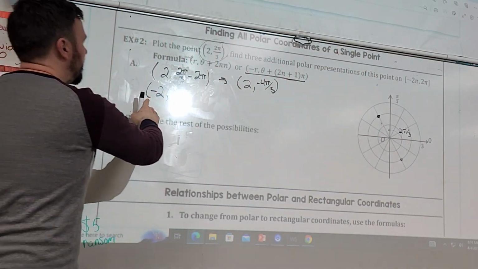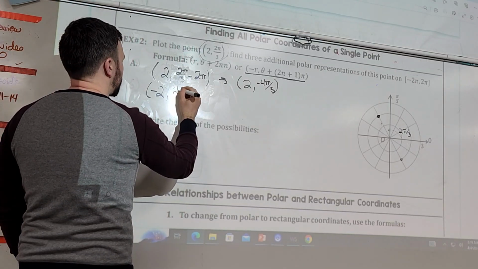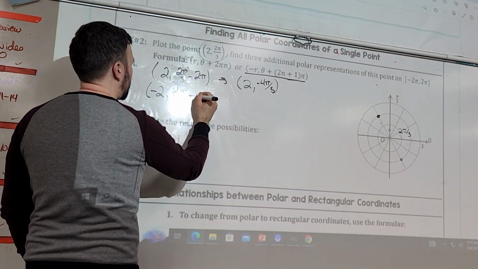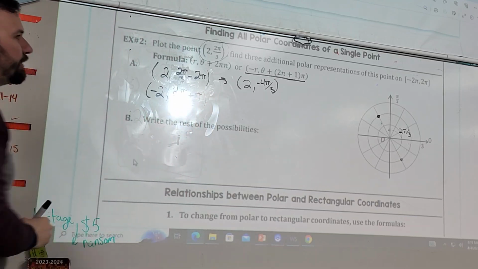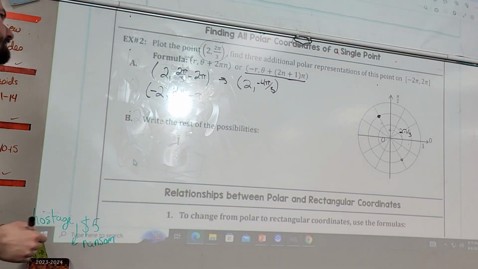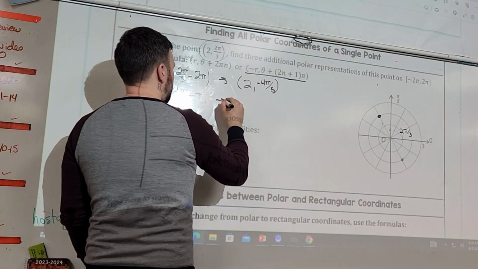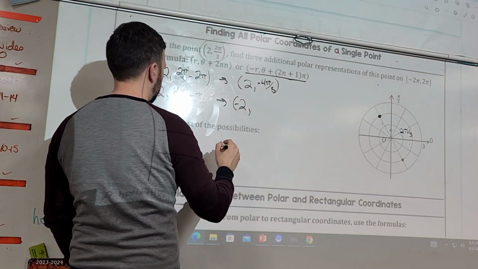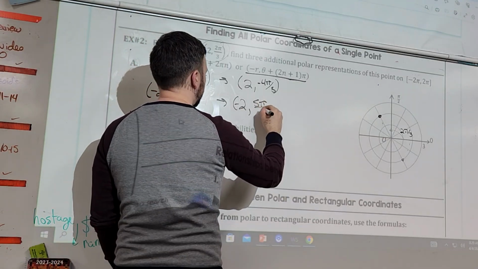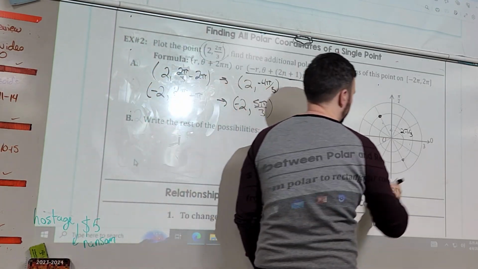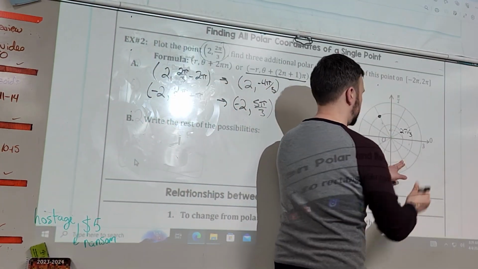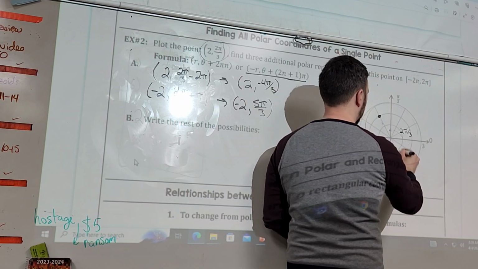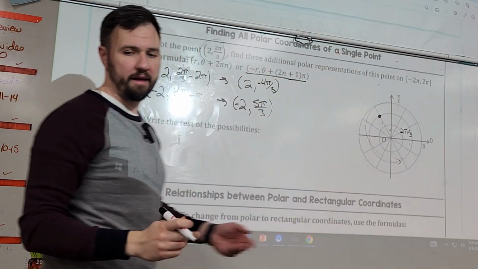So if I make that negative 2, I would have to add or subtract pi to my radius, or not my radius, my angle. So the point (-2, 5 pi over 3) is the same, and you can check it. 5 pi over 3 is right here, and then you go negative, and you get to the same spot.